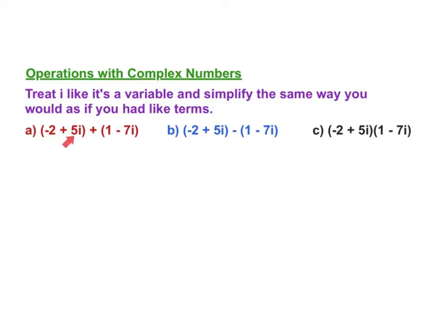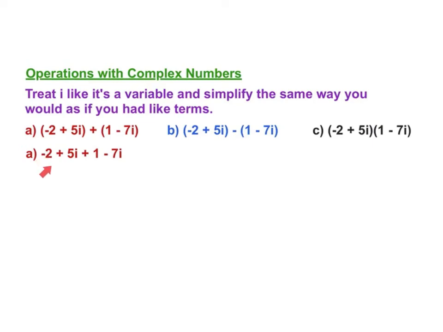Okay? When I add these together, these parentheses are really only here to indicate this is one complex number and to indicate this is one complex number. There's nothing in front being multiplied by either one of these sets of parentheses. So I don't have to distribute anything. And since it's plus, all I have to do is drop the parentheses.